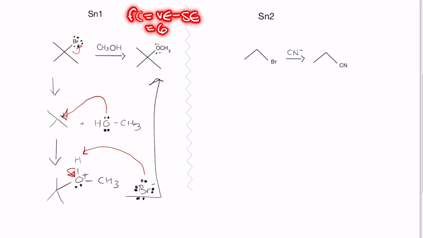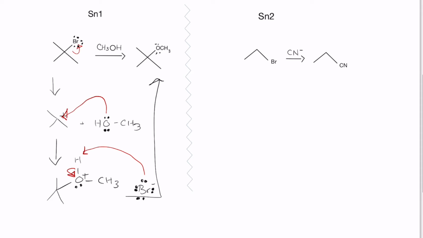Oxygen has 6 valence electrons, and surrounding it right now is 1 from each bond. Remember, it's bonded to that methyl group and to this carbon, and 2 from each lone pair. So that makes for a total of 6 surrounding electrons and a neutral charge of 0. So this oxygen is not charged anymore, and it's now neutral.